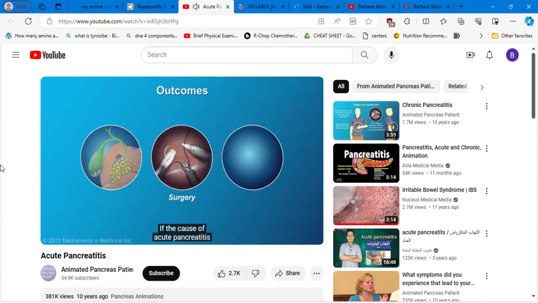If the cause of acute pancreatitis was related to gallstones, the gallbladder is removed surgically. As well, in some patients, the pancreas becomes so damaged that it no longer functions properly to make digestive enzymes. This is called pancreatic insufficiency.